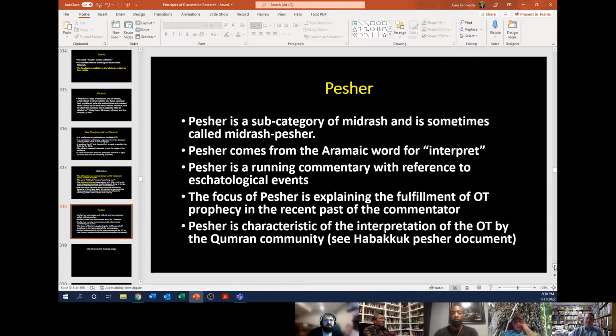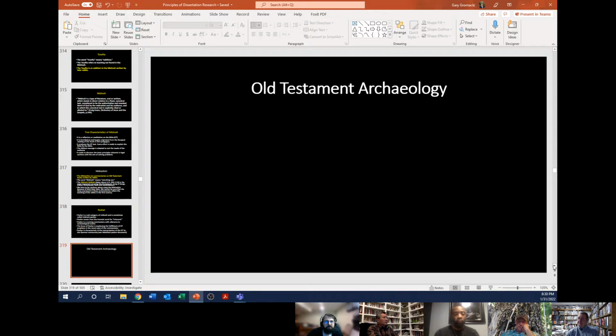But the Qumran community reads Habakkuk, and their Habakkuk Pesher interprets it as a prediction of Roman invasion. So that's a characteristic: fulfillment of the Old Testament prophecy is explained in relationship to the recent past of the commentator.